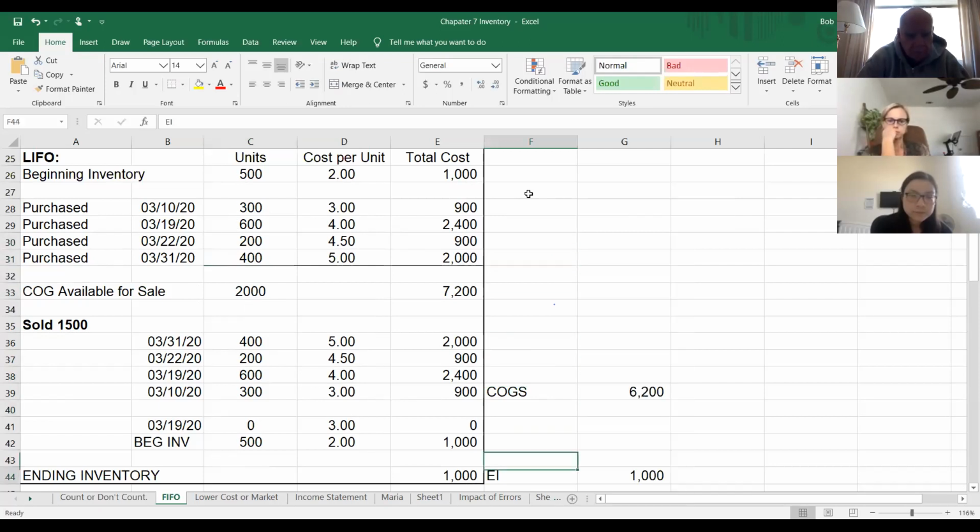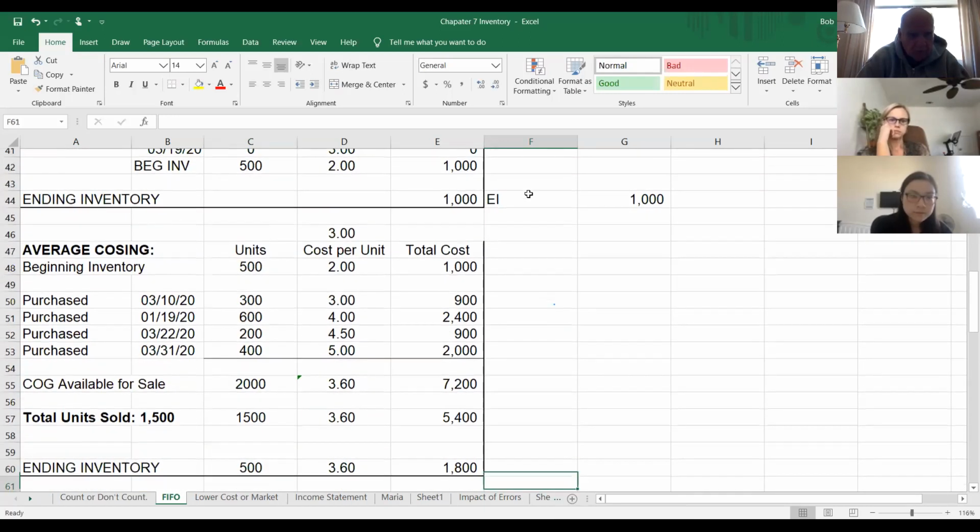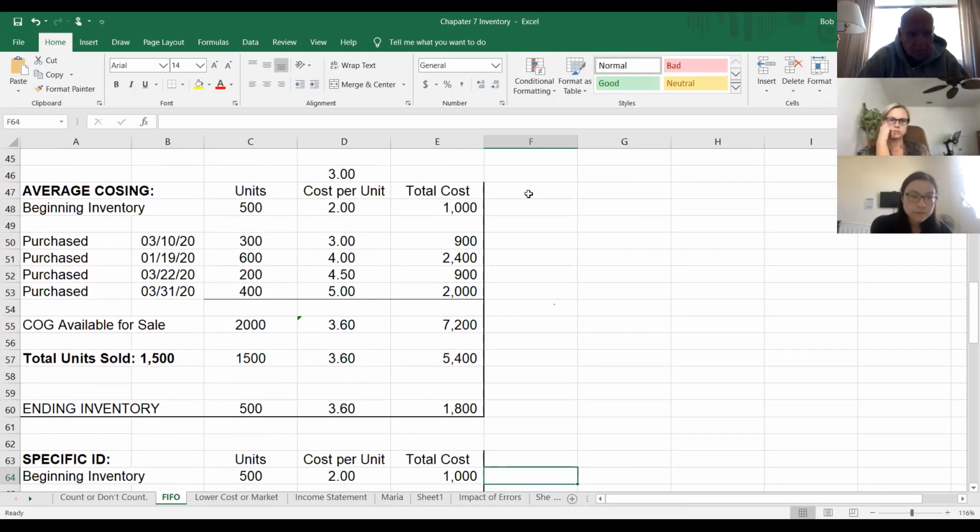And now we're going to get into a third one. This is the easiest one. Average costing. Again, we're going to go to the cost of goods available line, huh? And I guess this is the same numbers we had, but that's okay. Cost of goods available. Again, we had the beginning inventory plus the 4 purchases.